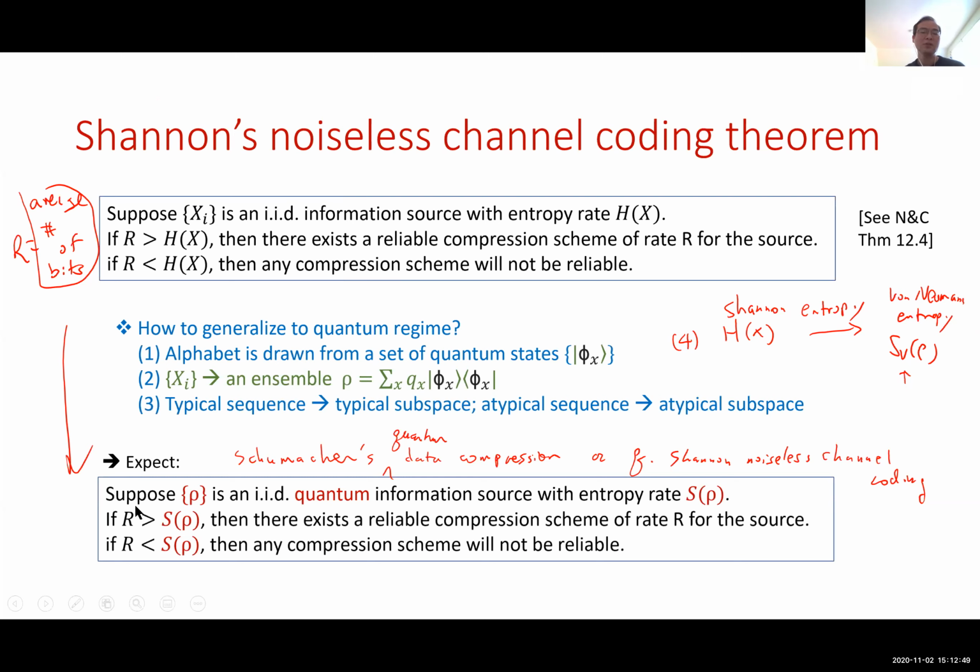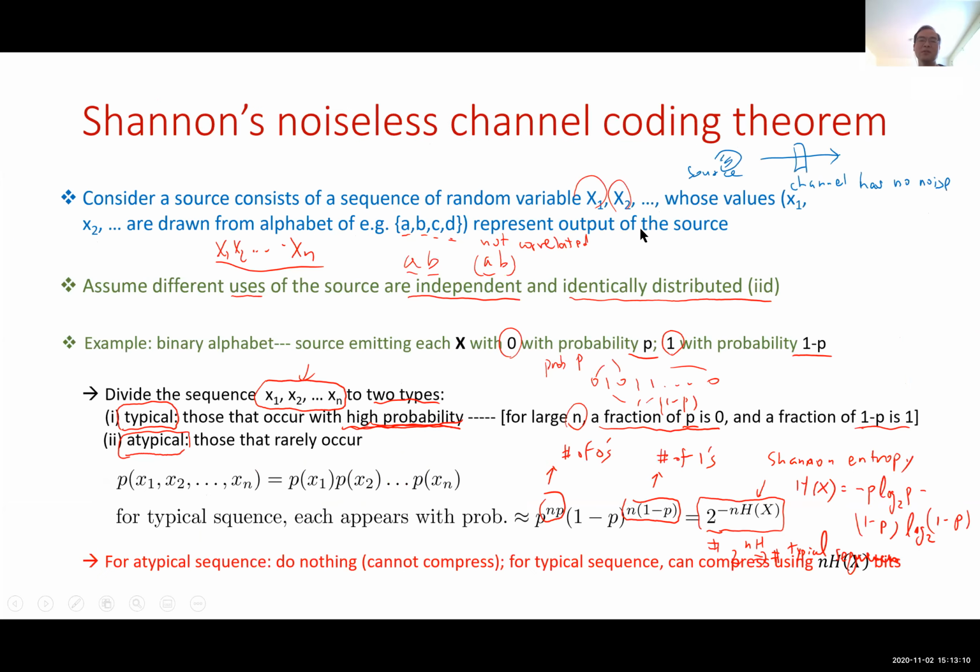And so how is it related to the typical and atypical discussion? So how is this R related to the typical and atypical case? The entropy is related to the typical sequences, right? The number of typical sequences is 2 to the n times the entropy.